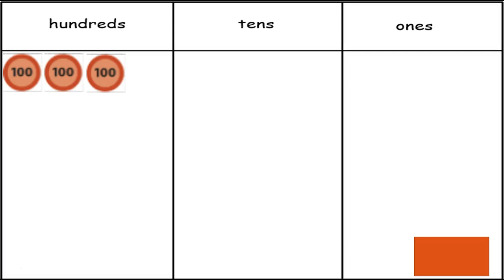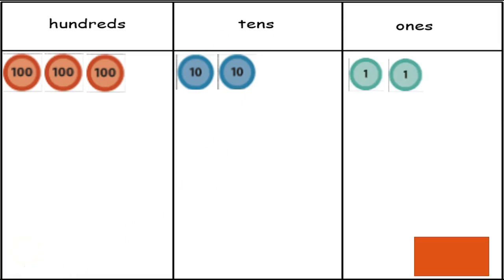Right, that is hundreds. Let's count again. 1, 2. And was that tens, ones, or hundreds? Right, there are 2 tens. Alright, let's see how many more ones there are here now. 1, 2. So there's 2 ones.